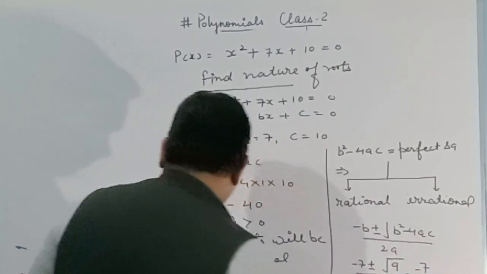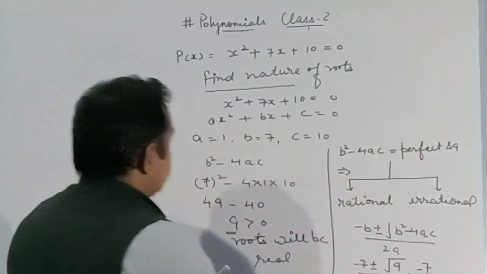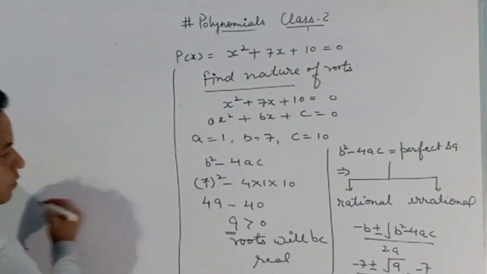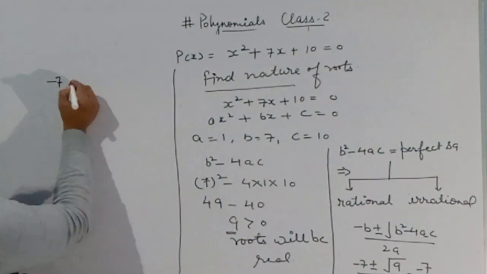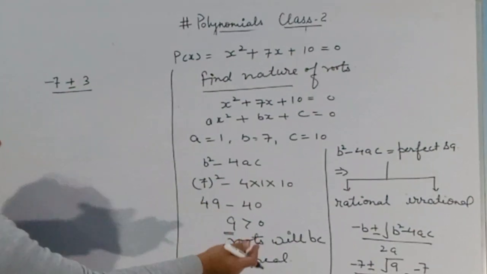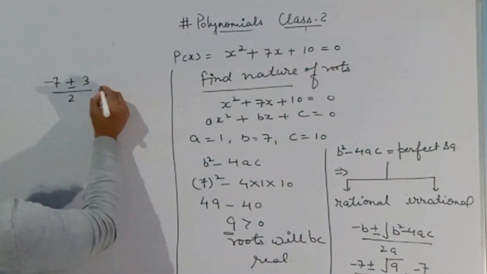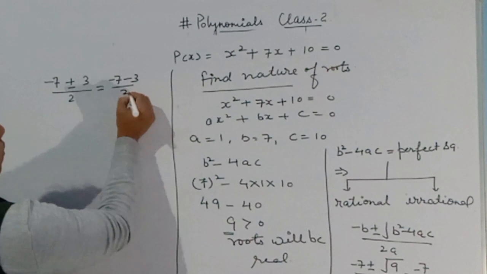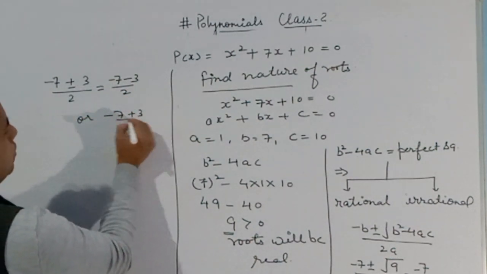Minus 7 plus minus 3, because the root of 9 is 3. So minus 7 minus 3 upon 2, or minus 7 plus 3 upon 2.